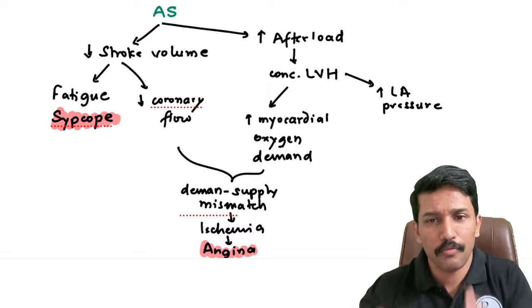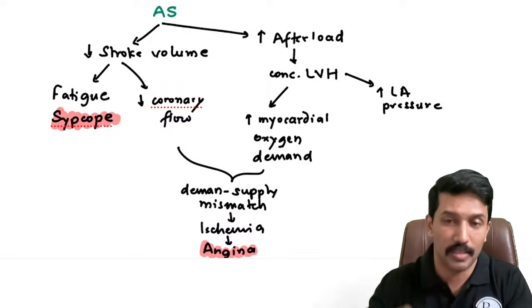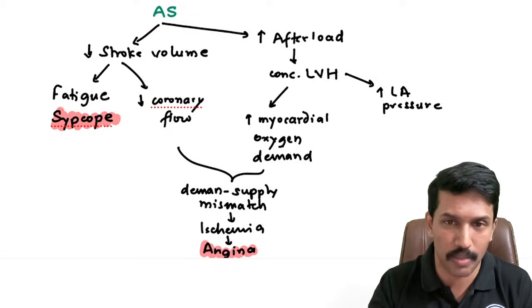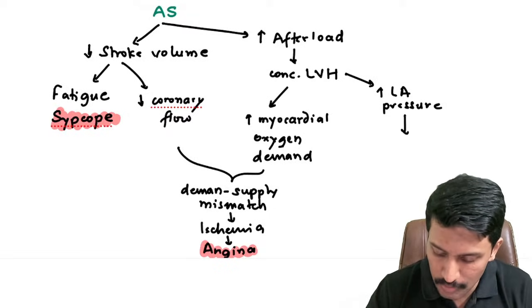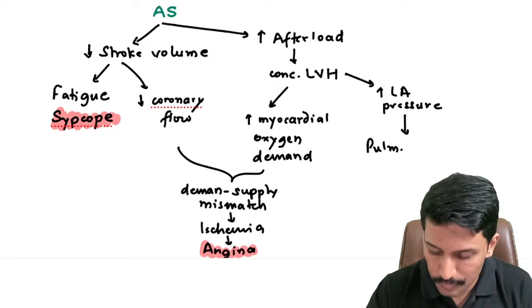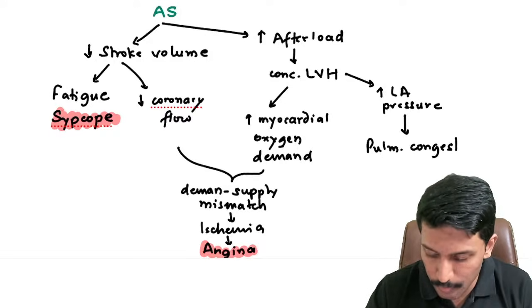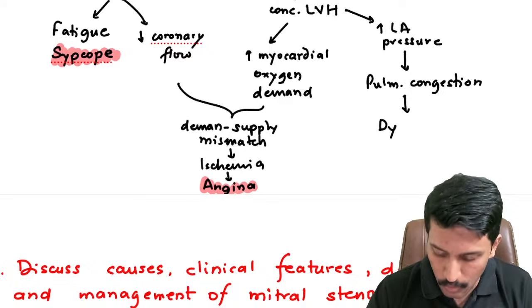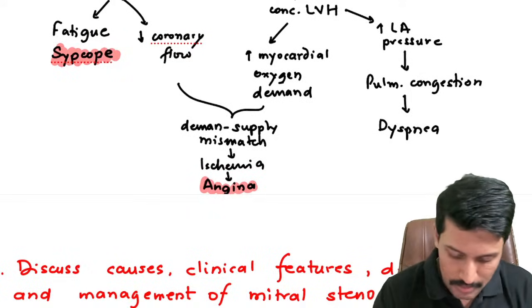In a theory exam, you don't have to write step by step. You can just mention the left atrial pressure will lead to pulmonary congestion, congestion of blood in the pulmonary capillaries. And that can lead to a symptom we call dyspnea or shortness of breath.